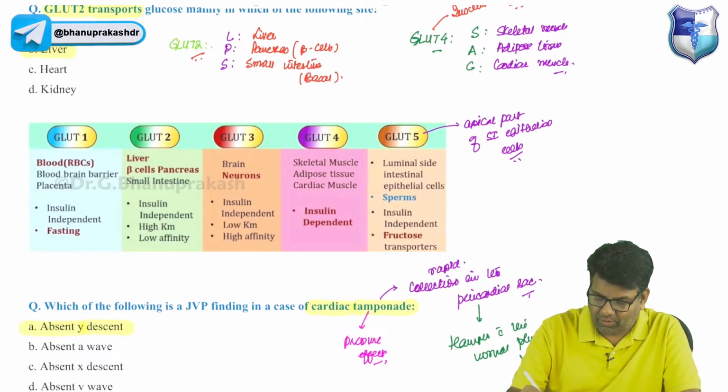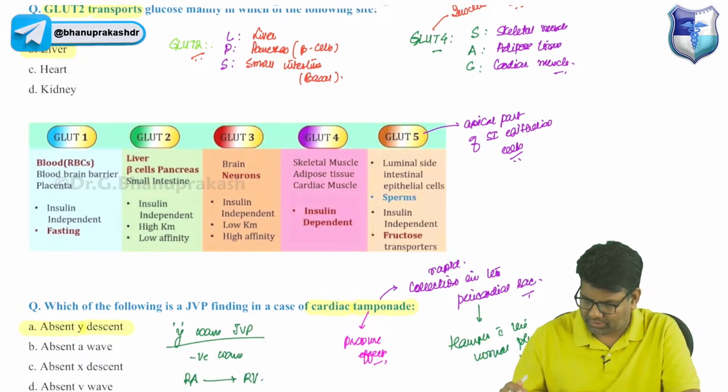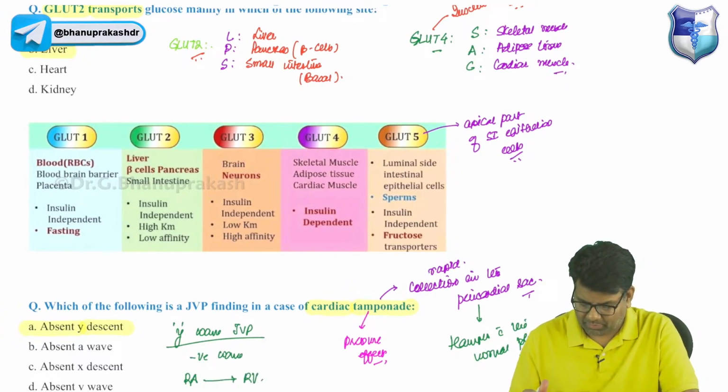And what was the reason for Y wave in JVP? Y wave in JVP, the negative wave, is because of flow of blood from right atrium to right ventricle, right? So absent Y descent in cardiac tamponade.